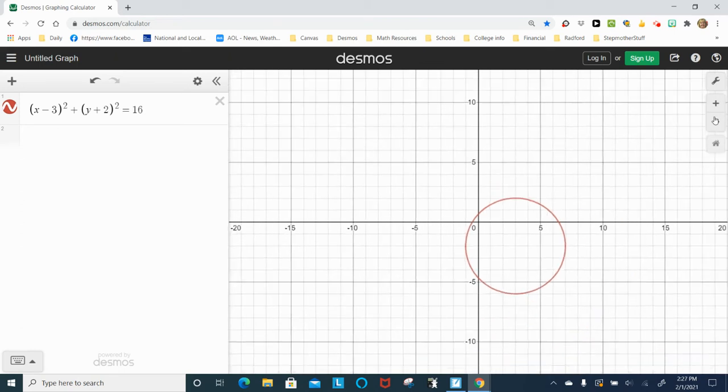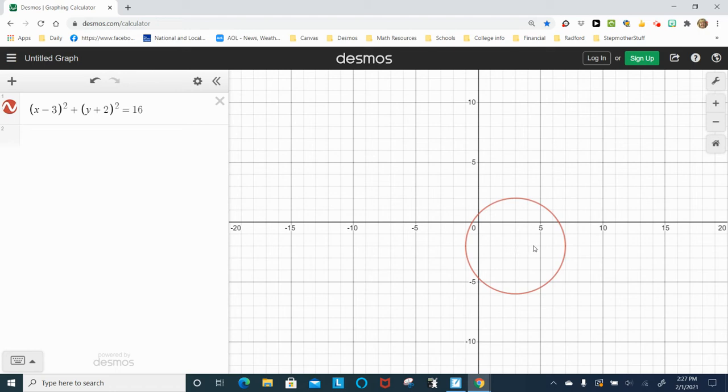Those increments are kind of silly. That's a little better. We can go 1, 2, 3, and down 2 right here. And that definitely looks like the center of the circle. And then we can test to see what our radius is. Well, let's count from the center over to the edge.